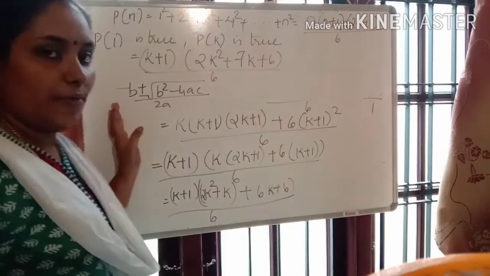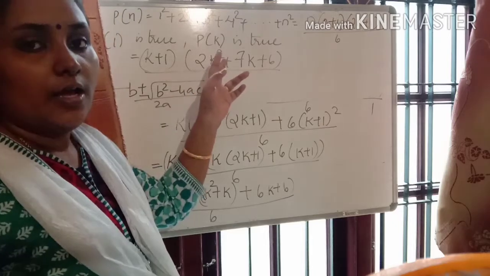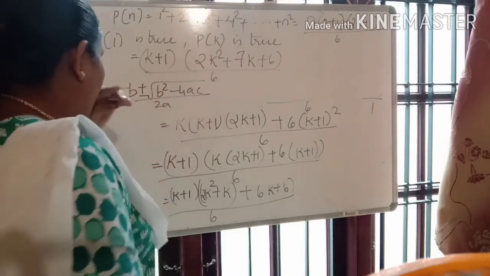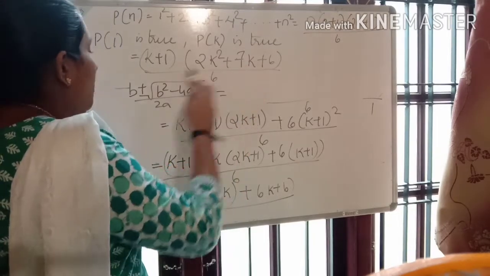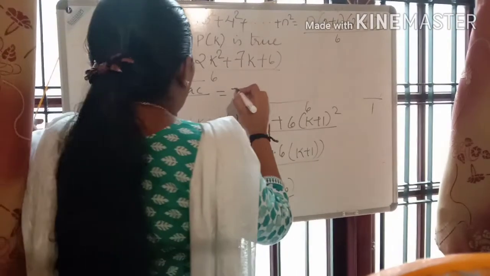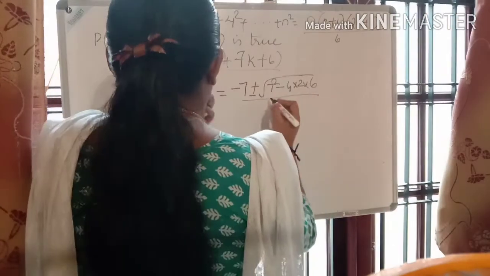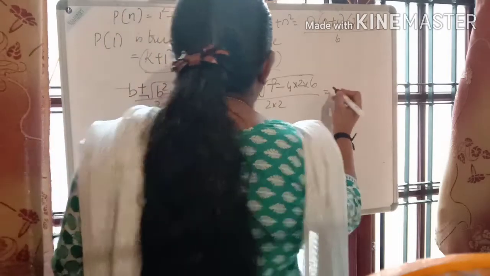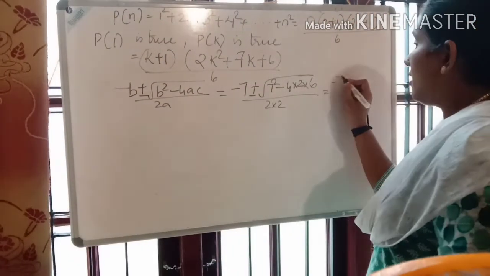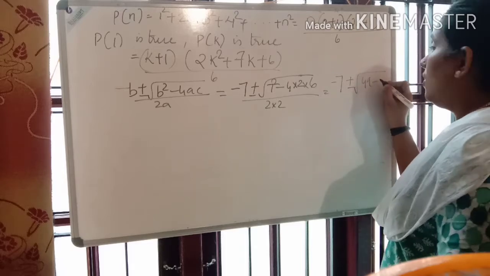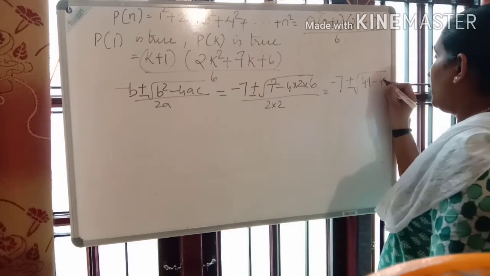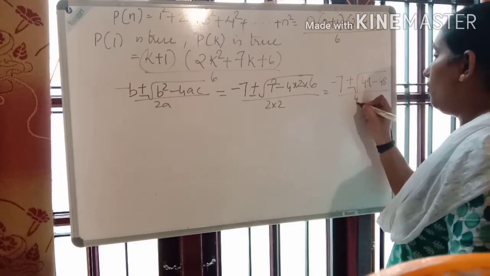That is equal to this equation. To find the roots for this equation, just apply here 2K square plus 7K plus 6. Here b is minus 7. Just divide by 2 into 2. We'll get the answer as minus 7 plus or minus root of 49 minus 4 into 2, 8 into 6, 48, divided by 4.